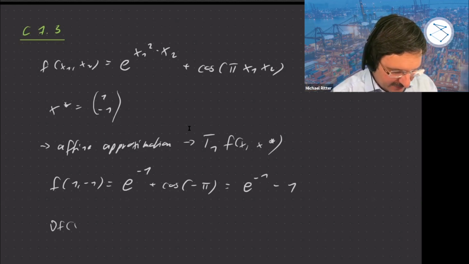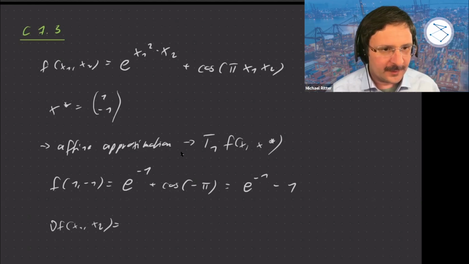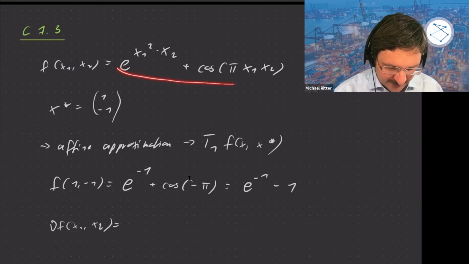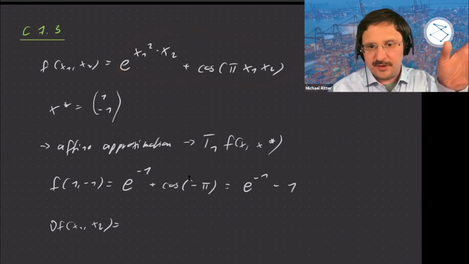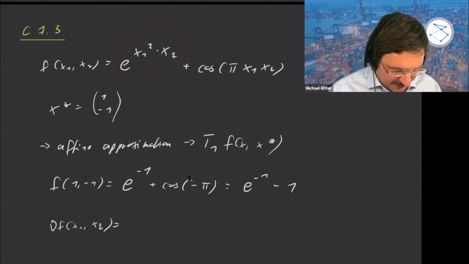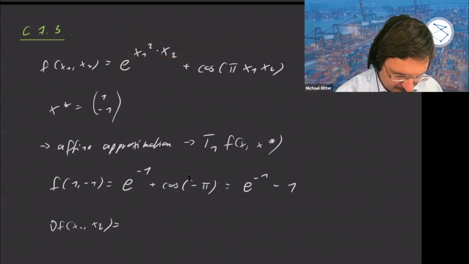For the gradient, if we differentiate that function with respect to x1, two independent terms here. So let's start with that one here. That would be the e function times the derivative of that inner function.